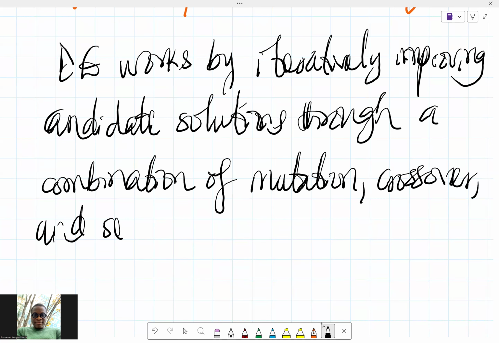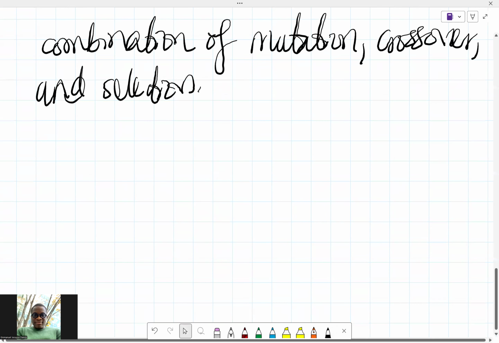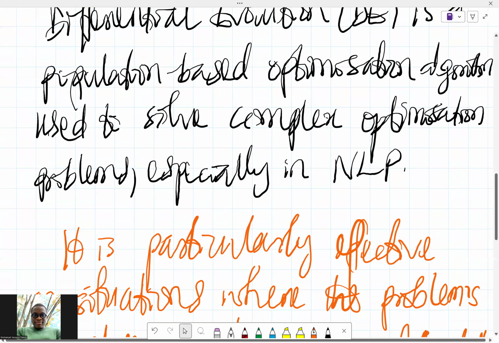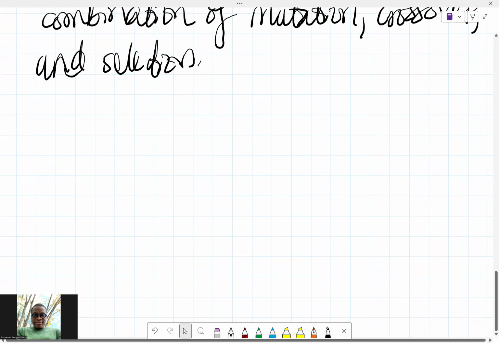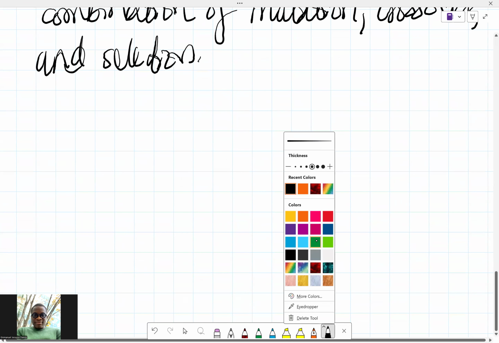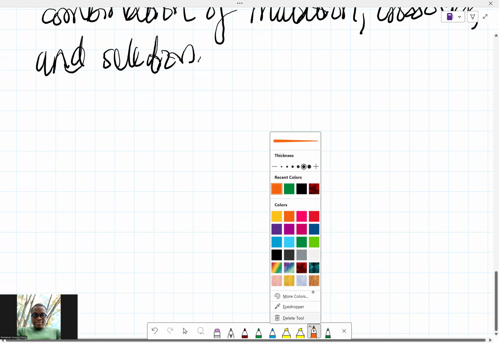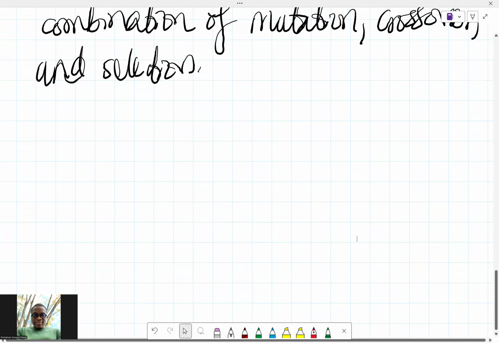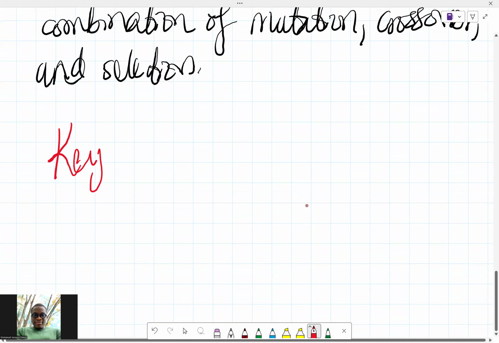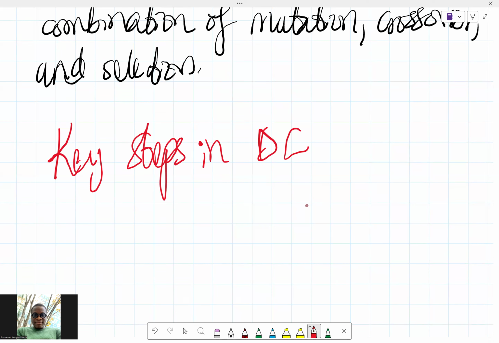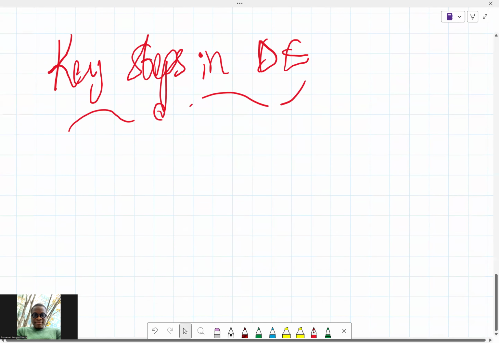Of course, this looks like genetic algorithm a lot, except that the approach may be slightly different. Generally speaking, all the evolutionary algorithms seem to have the same kind of pattern. With this in the bag, can we go ahead and see some key things? First of all, let's talk about the key steps in differential evolution. What are the key steps here?